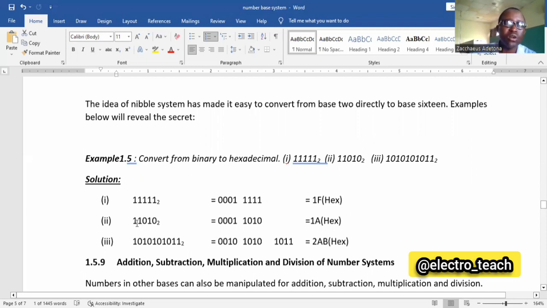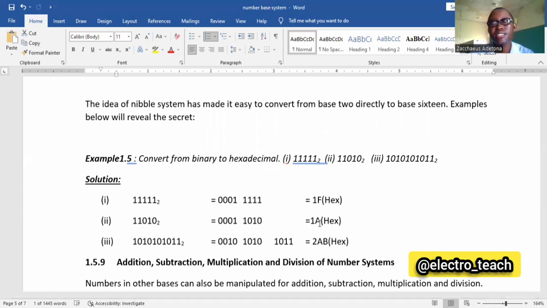The second one is 11010. If you write it in a group of 4 in nibbles, you can have 0001, 0001, then 1010. And this is 1A in hexadecimal. Remember, A in hexadecimal is 10. That's 10. And F is 15.